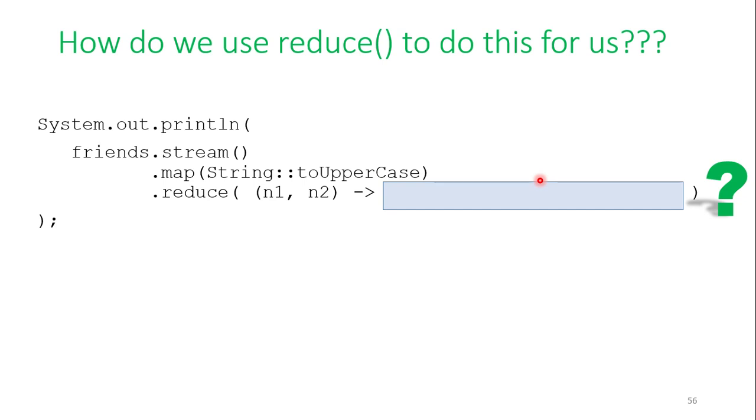So remember, to be able to write code in the reduce style, by using the reduce method of Stream, you need to understand how the parameters of the lambda that is passed to reduce work. So you always have two parameters, okay? When you start applying reduce to your stream, the first parameter is the first element of the stream, the second is the second element of the stream.